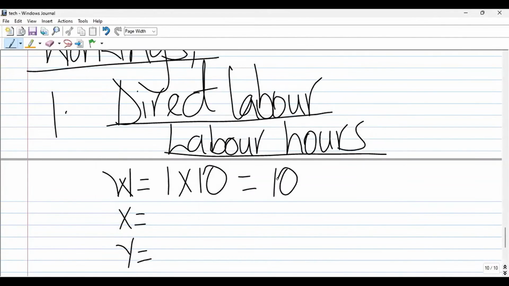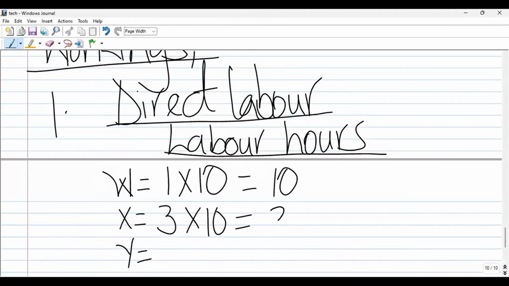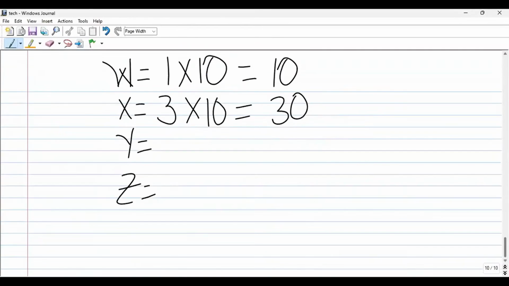That gives us 10 hours. When we go to product X, the labor hours per unit are 3. That is for just 1 unit, but these people produced 10 units. So 3 times 10 gives us 30.